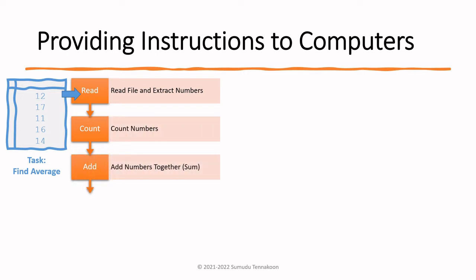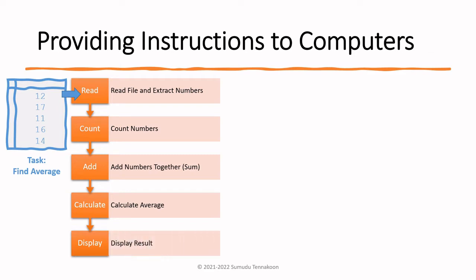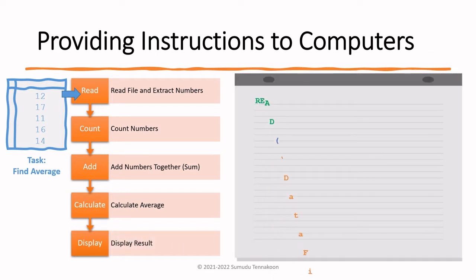After that, we need to add those numbers together to find the total value. And then we have to calculate the average by dividing the total value by the count. Once you calculate the average, the user doesn't know what result the computer generated, so you need to display the result. That's the last step. So you should be able to see the result on a computer screen after this step is executed.